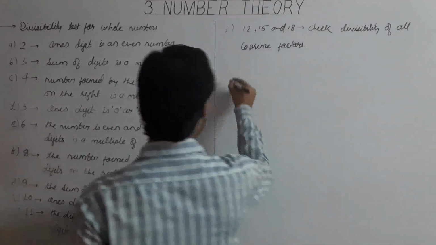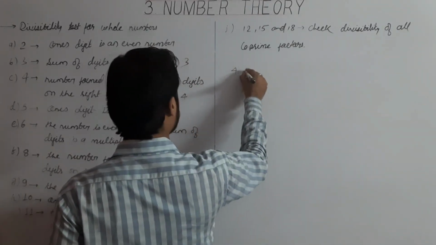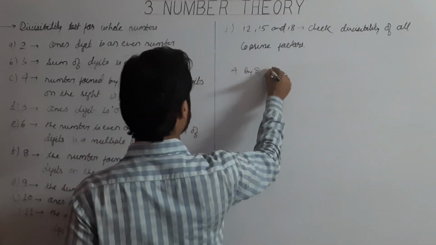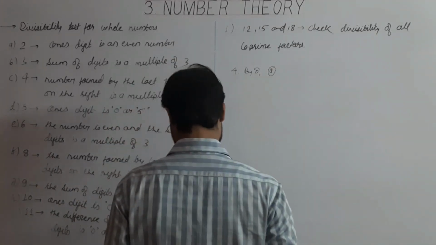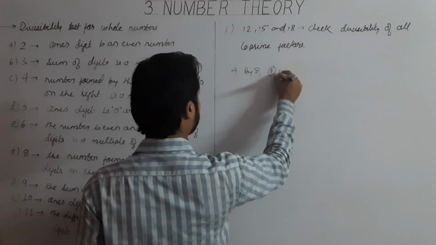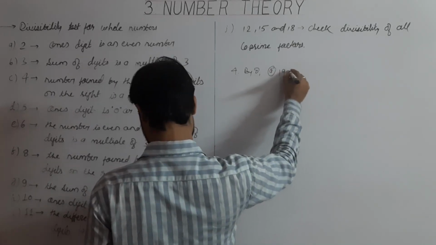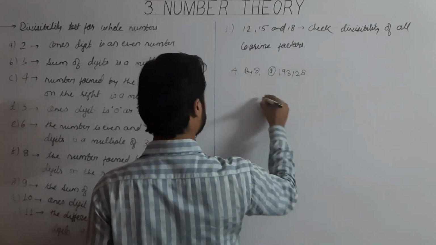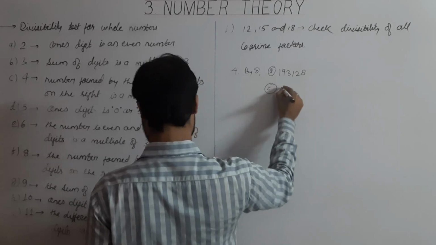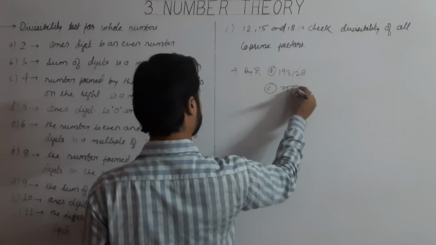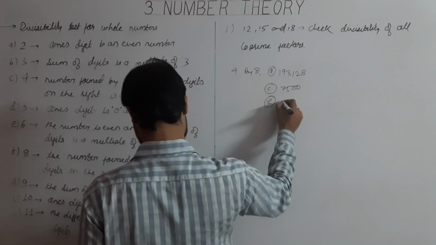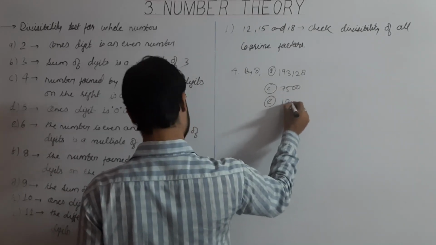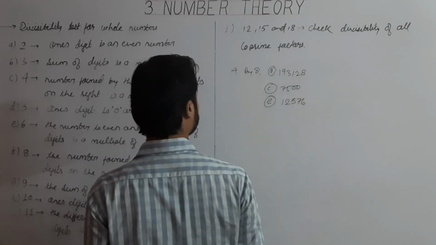Now question number 4, divisibility by 8. Part A, the given number is 193128. Part C, 7500. And part D, the given number is 12576.